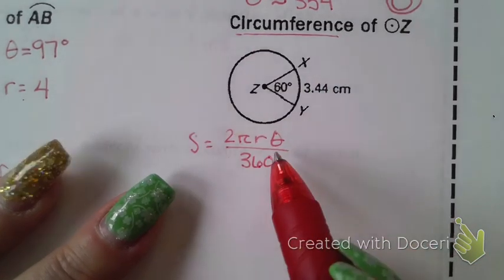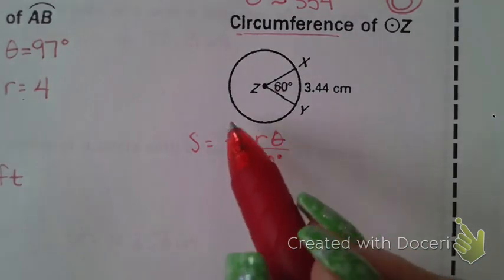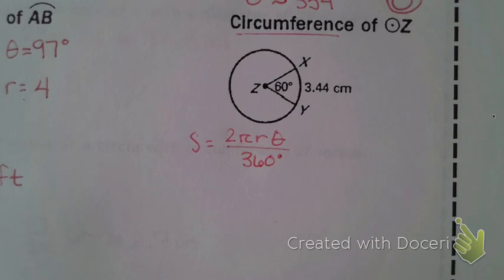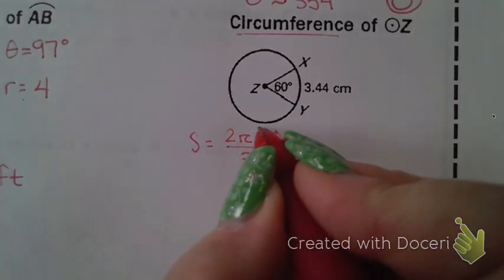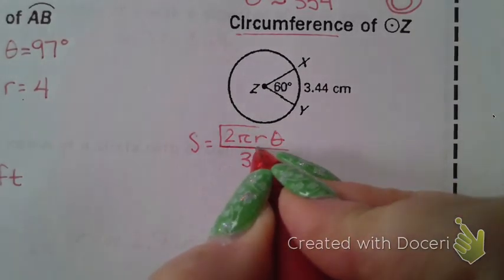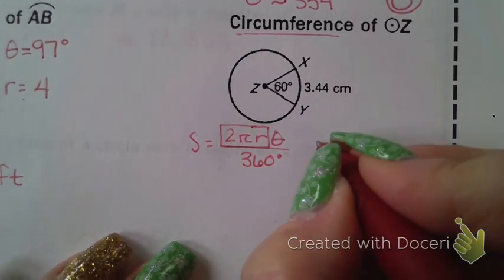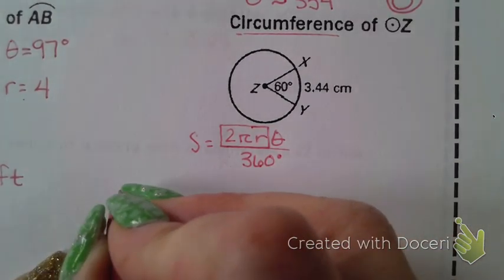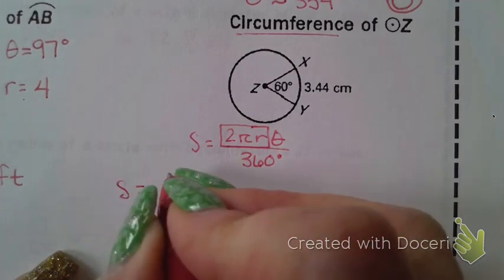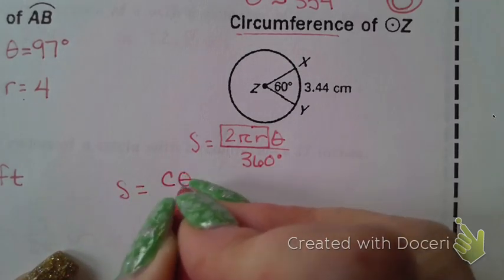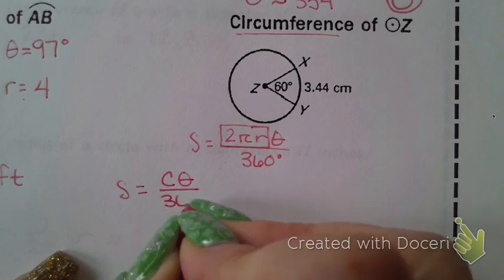Where is the circumference in this formula? Isn't this the circumference right here? Yeah. So I could actually write this formula as S equals C times theta over 360.